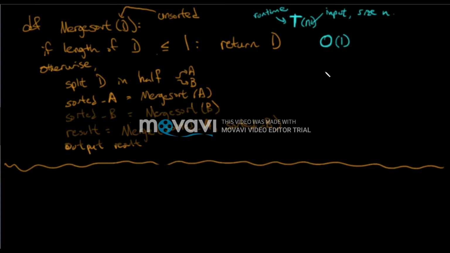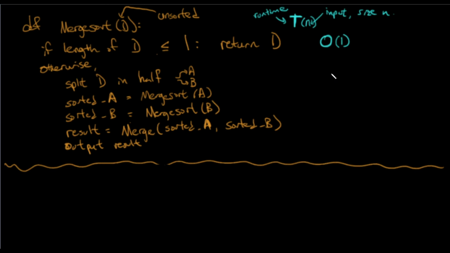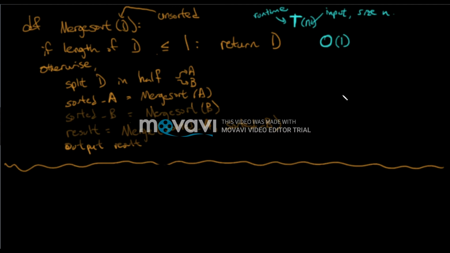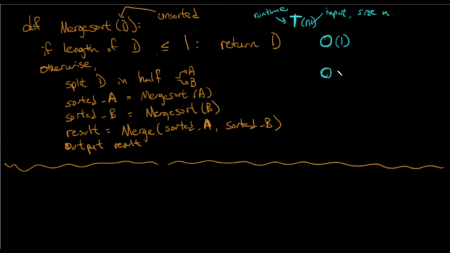Otherwise, we're going to split D, our input array, in half, and assuming that we've picked the right data structures, or maybe even just did this whole merge sort using pointers instead of actually moving around arrays, we can split this in half in constant time as well.